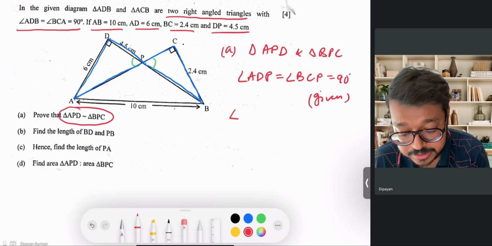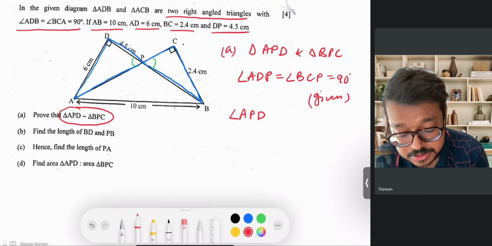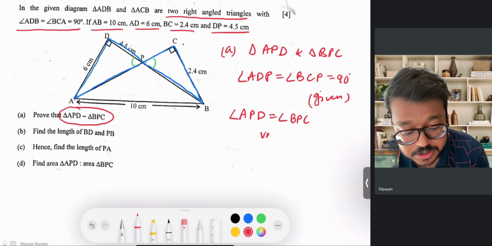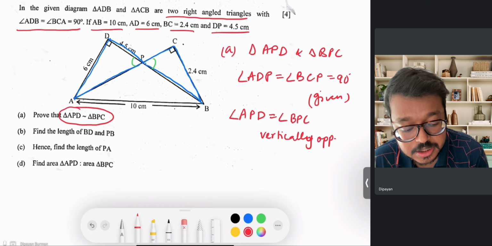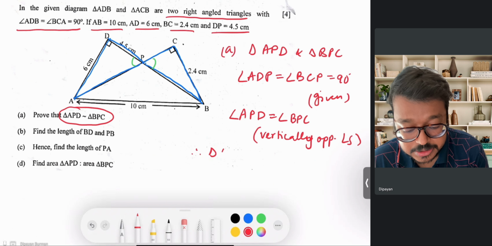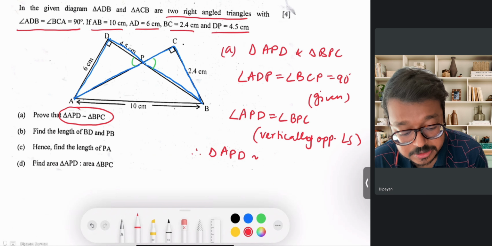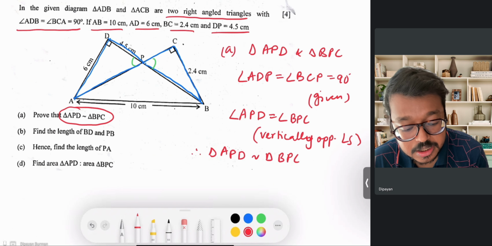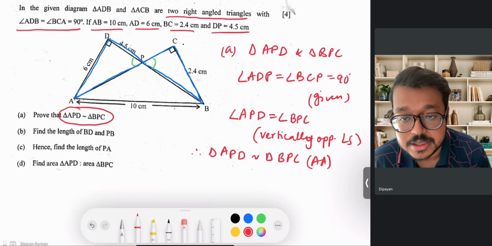So I will say that angle APD is equal to angle BPC, which are vertically opposite angles. So therefore triangle APD must be similar to triangle BPC using AA similarity.